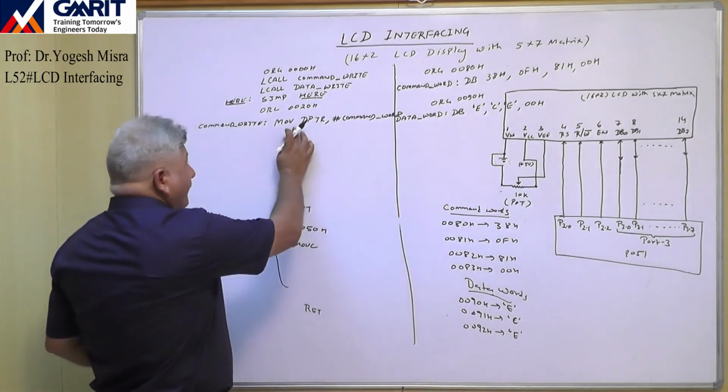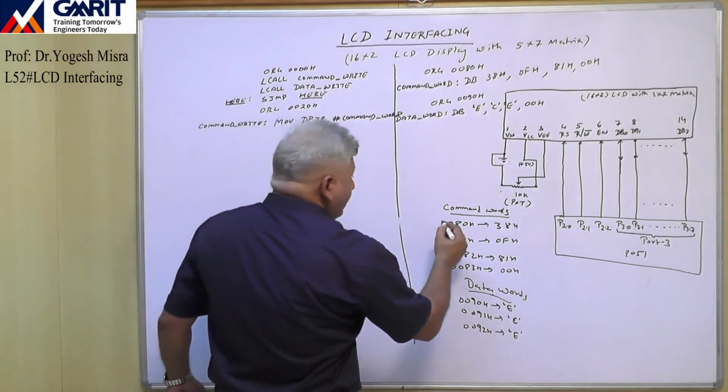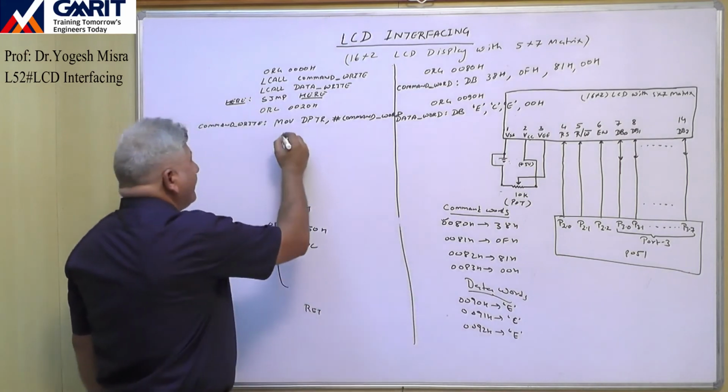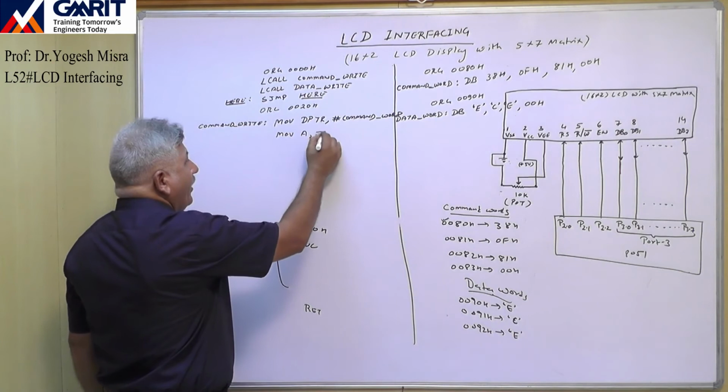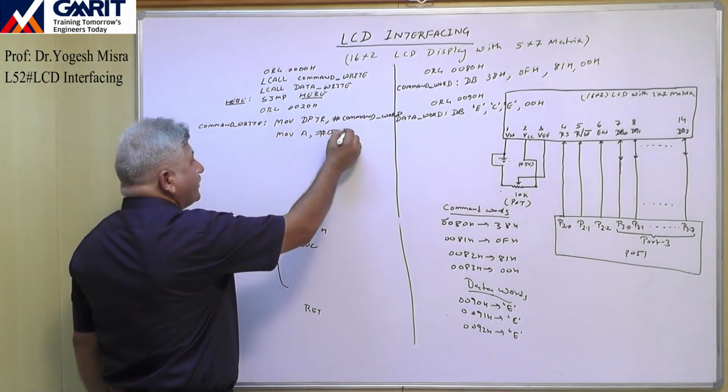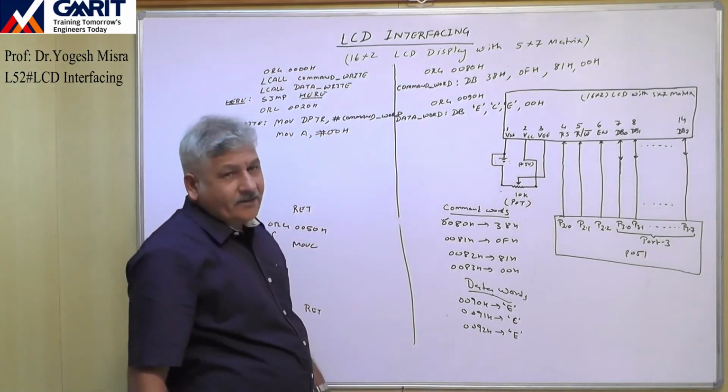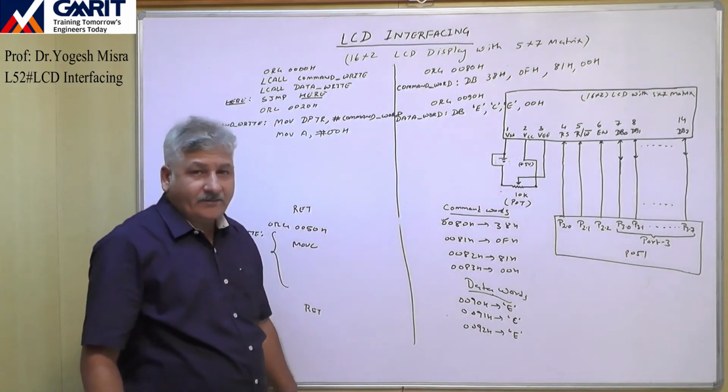So with this instruction, 0080 will be loaded in DPTR. After this we will write the instruction MOV A, #00H. We will initialize the register A with value 00H.